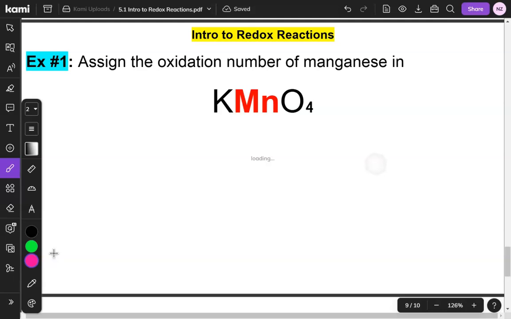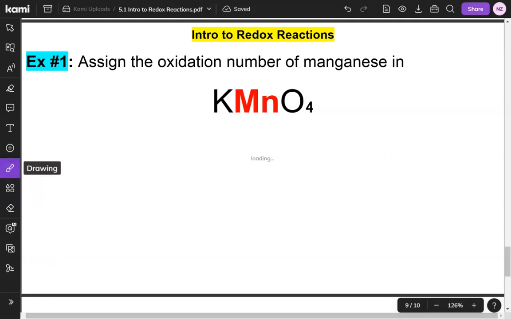And if you notice, there is no charge, so it is going to add up to 0. Potassium is going to be +1, and the reason it's +1 is that it's in group 1. Oxygen we have a rule for.